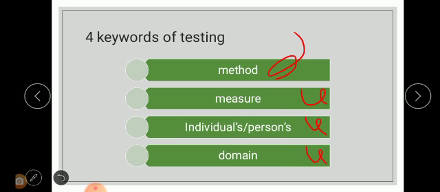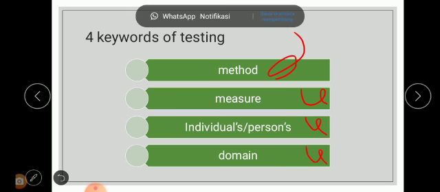If we measure the students' pronunciation or another kind of skill, all we measure will only be the aspect or the component of pronunciation. Okay.